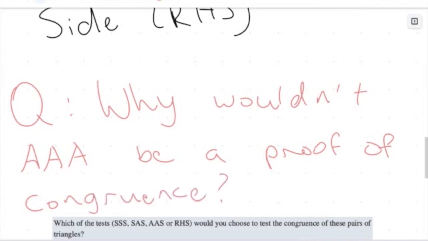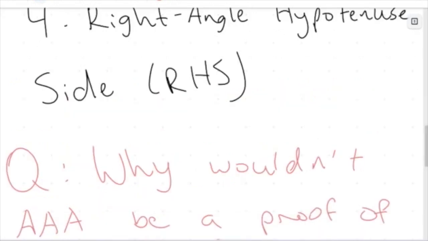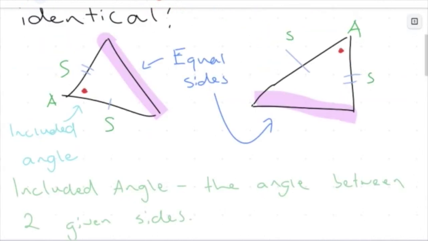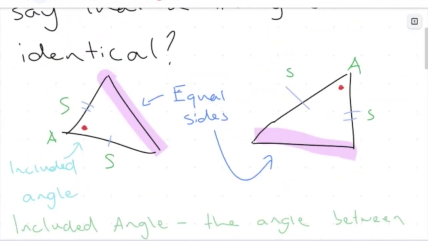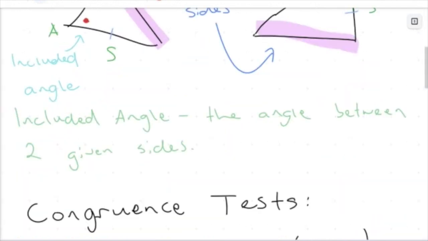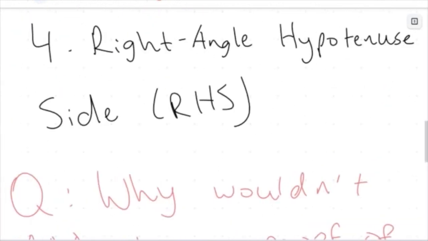Something to think about. We've used side, side, side. We've used angle, angle, side. We've used side, angle, side. Why isn't angle, angle, angle the same? Because we looked at something in particular. We said, all right, well, we know that sides opposite angles being equal are equal. Why wouldn't angle, angle, angle work for proving congruence? Just something to think about at home before we attempt a couple of questions here.